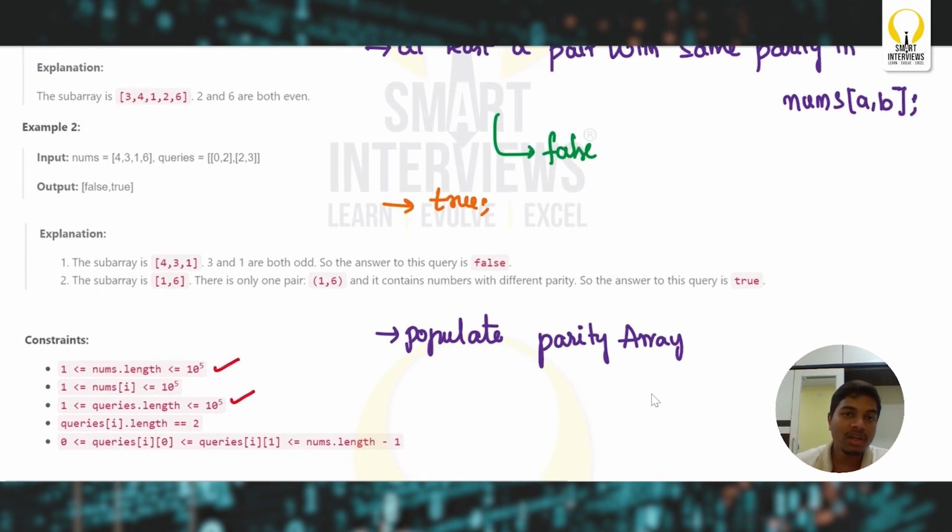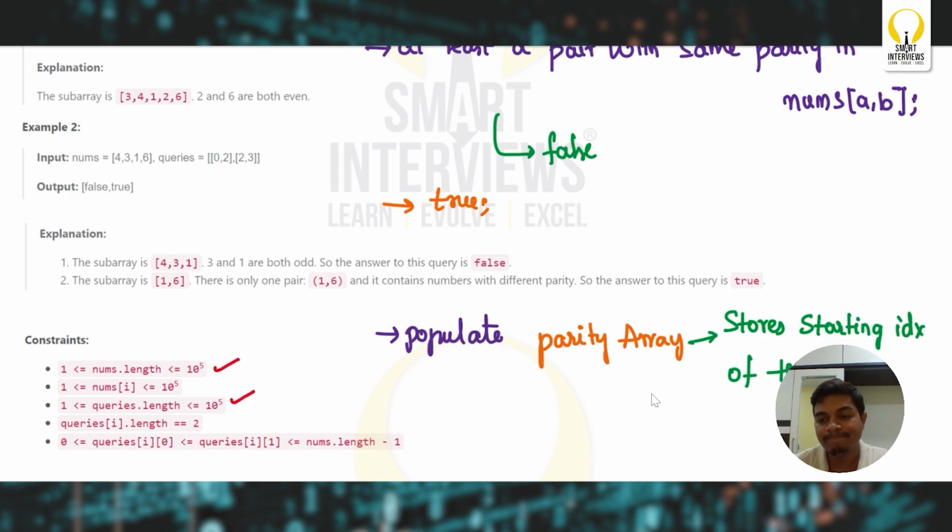That actually helps us, right? So the parity array actually stores the starting index of the adjacent pair.